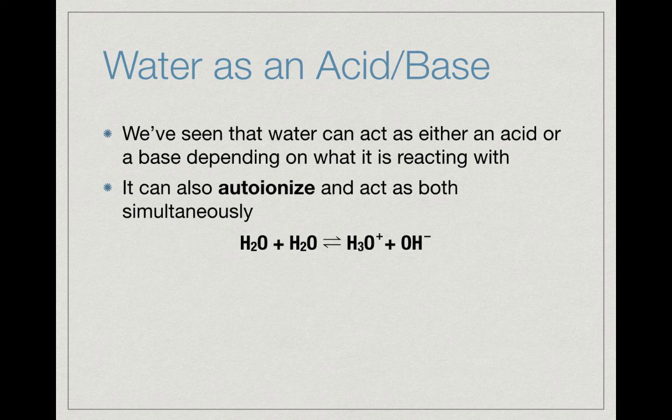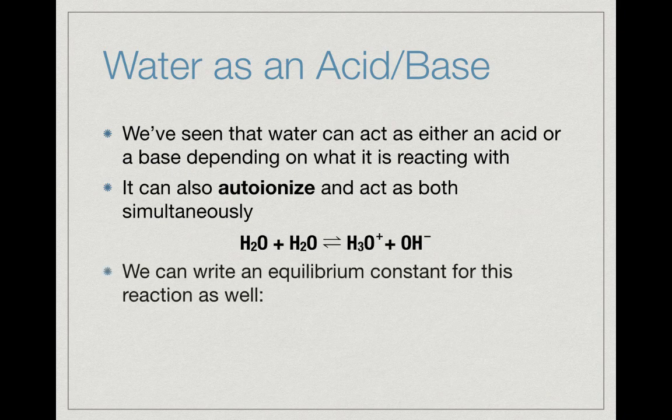And so there we see we have two water molecules. They may collide. One of those water molecules is going to take a hydrogen ion away from the other water molecule, and that would give us an H3O plus ion, and the one that had it taken away now forms a hydroxide ion, OH minus. And this is an equilibrium situation, which means we can write an equilibrium constant expression for this reaction as well.